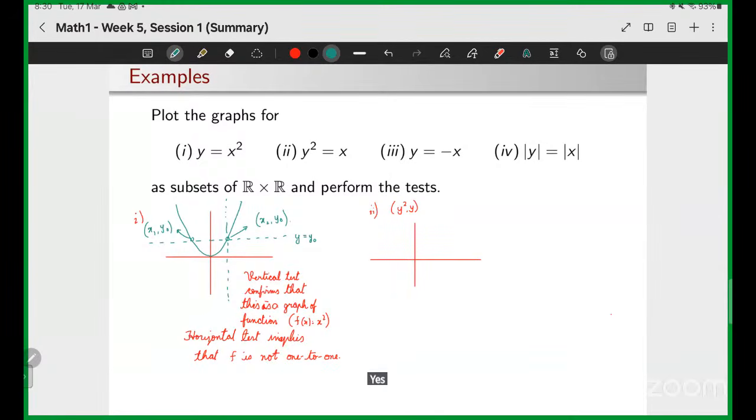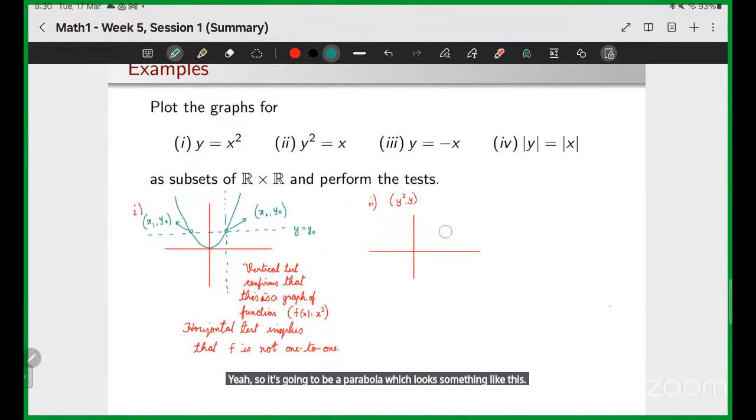It's going to be a parabola, opening to the right, which looks something like this.